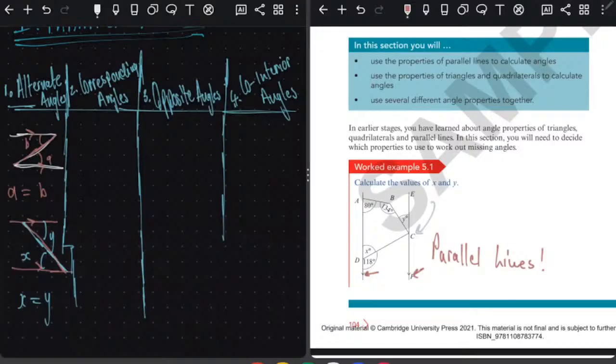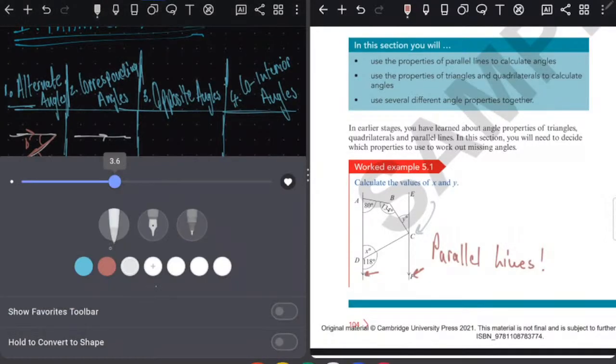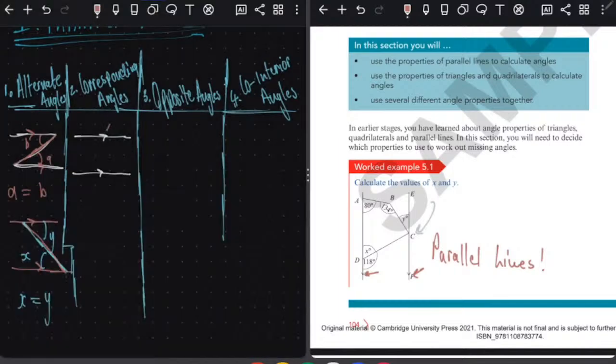Then the second is corresponding angles. So alternate angles make what type of letter? Which letter is made by alternate? A Z. Now, corresponding will make the letter F. It'll be like this. Then the line passes.